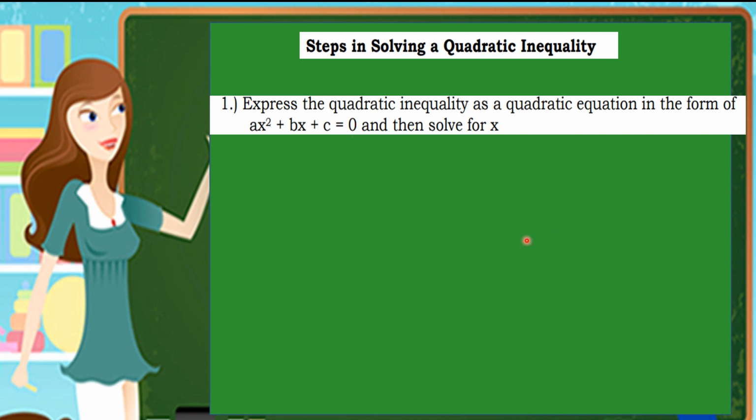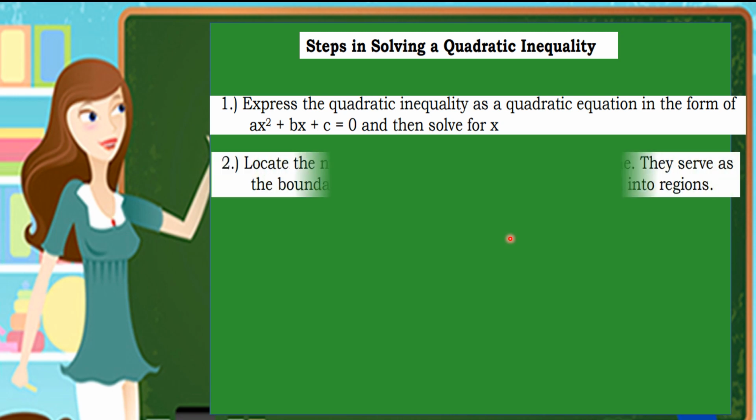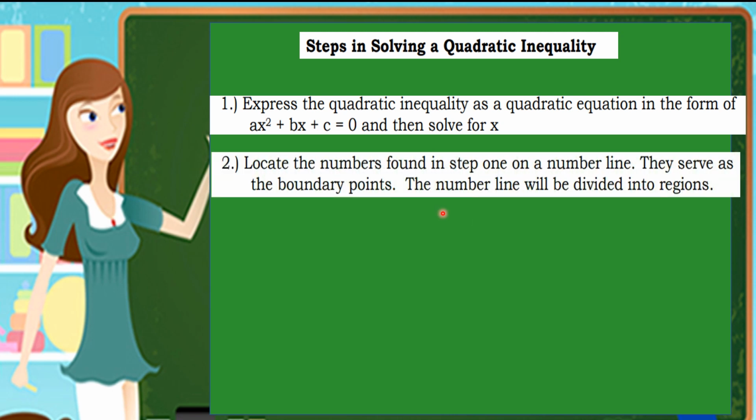Then, after that, ang sunod natin gagawin ay locate the numbers found in step 1 on the number line and they serve as the boundary points. And the number line will be divided into regions. Okay.